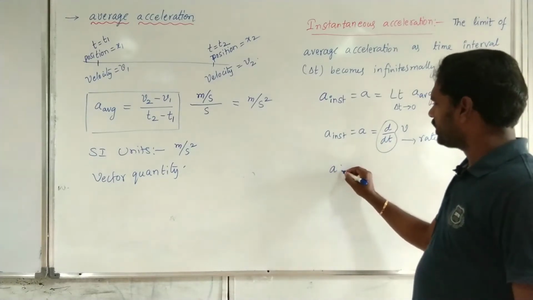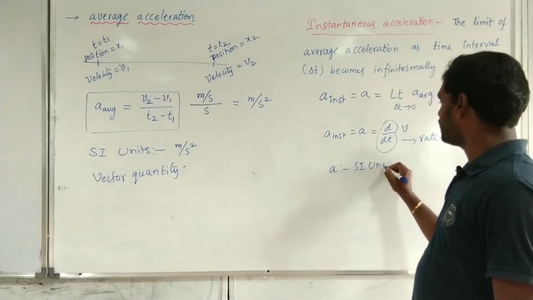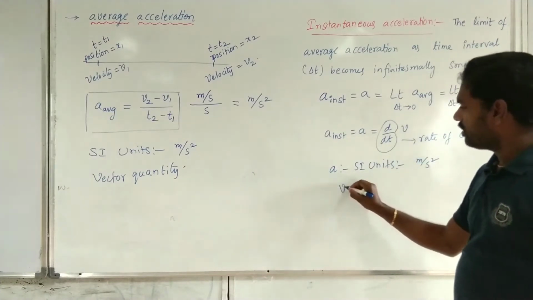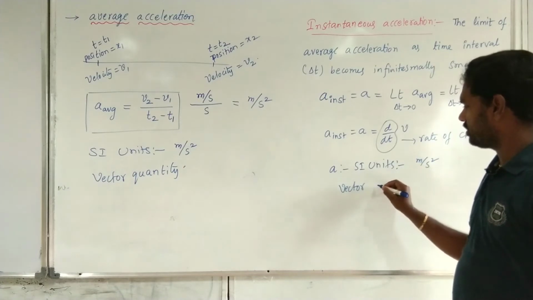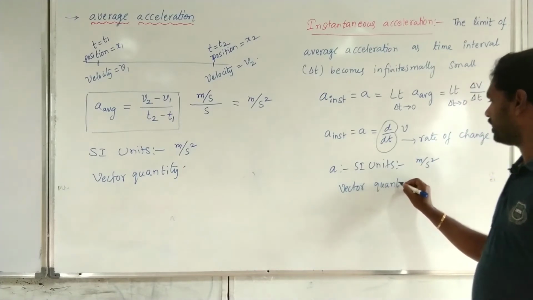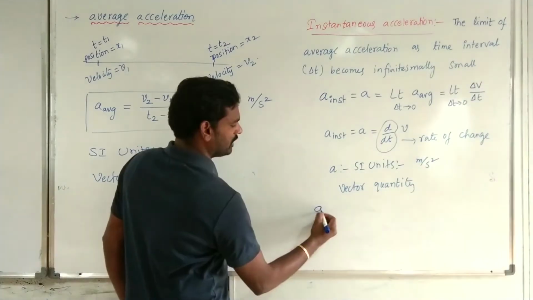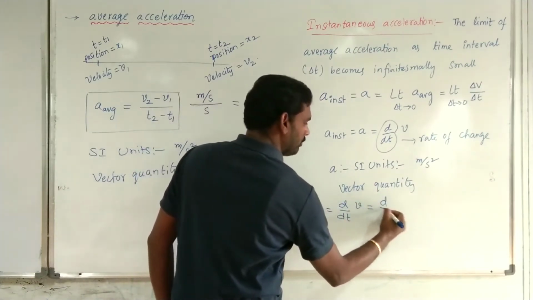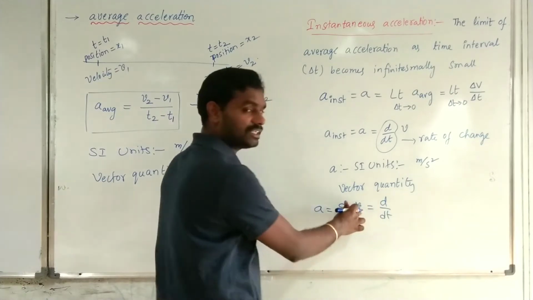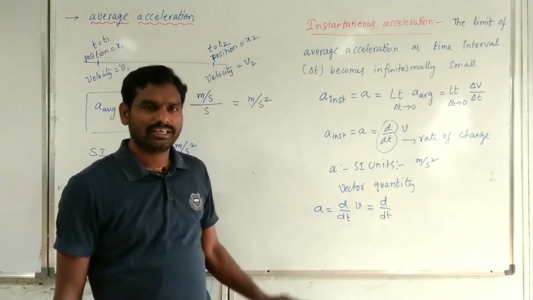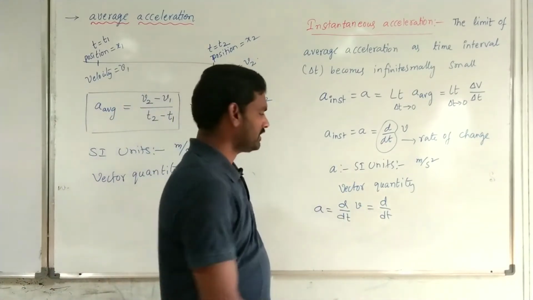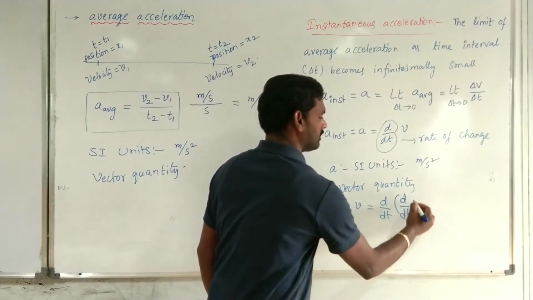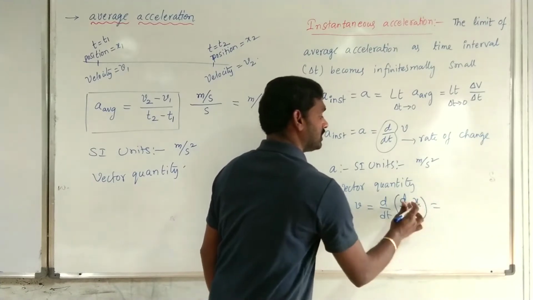The units are the same again. The SI units for instantaneous acceleration are meter per second square, and it is a vector quantity, that means it has both magnitude and direction. So, instantaneous acceleration equals d by dt of v, and v is the instantaneous velocity, which can be expressed as d by dt of x, the rate of change of position.